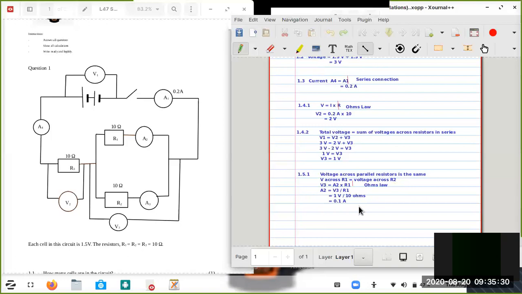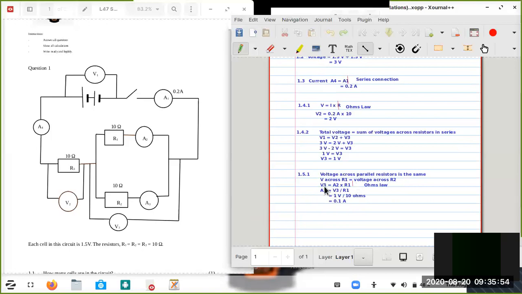Which means the voltage across R1 is equal to the voltage across R2. So the voltage across resistors in a parallel connection is the same. That's the idea we use there.